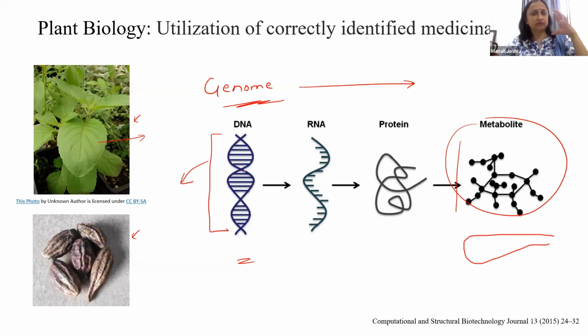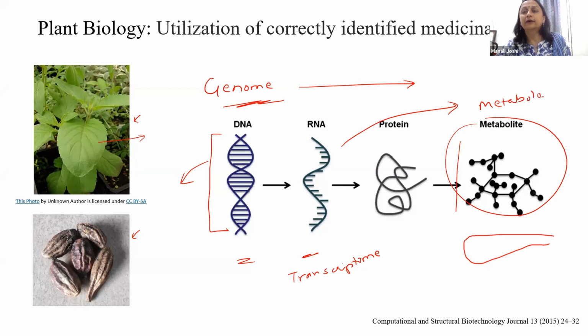Once I have a genome, like a gold standard for a particular plant, then I can think of what is known as the transcriptome. So what are the RNAs that are expressed in a given condition? So then I can get a handle on, oh, now I know if I grow this plant in so and so condition, I have this transcriptome that is there, which will ultimately lead to this metabolome, right?